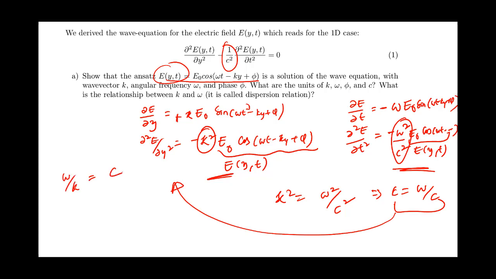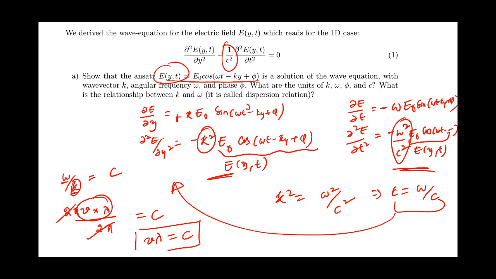If I write omega as 2 pi nu, and k as 2 pi by lambda, but it's in the denominator, so I would get lambda by 2 pi is equal to c, or 2 pi's cancel, and we have nu lambda, the frequency times wavelength of the light, is always equal to the speed of light. This is a direct consequence of the wave equation, right?